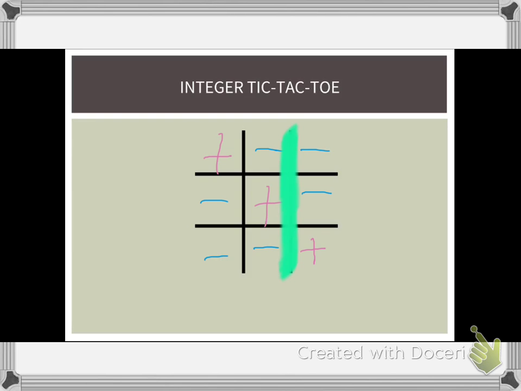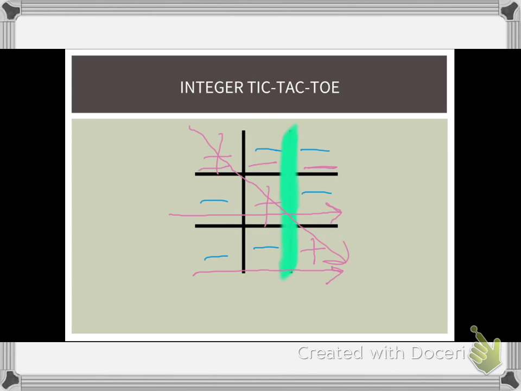You can look back and say, okay, well, I'm multiplying a positive times a negative, so my answer is going to be negative. Or I'm multiplying a negative times a positive, so my answer is negative. Or I'm multiplying a negative times a negative, and I get a positive. And lastly, a positive times a positive is a positive. So this is a way to help you keep that in mind.